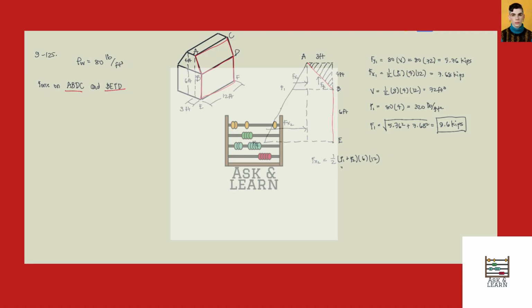And we have pressure 1, and let's solve for pressure 2. So pressure 2 is equal to 80 times 10, which is 800 pounds per square foot. So we have Fx2 is equal to 40.32 kips, and this is the force acting on BEFD.